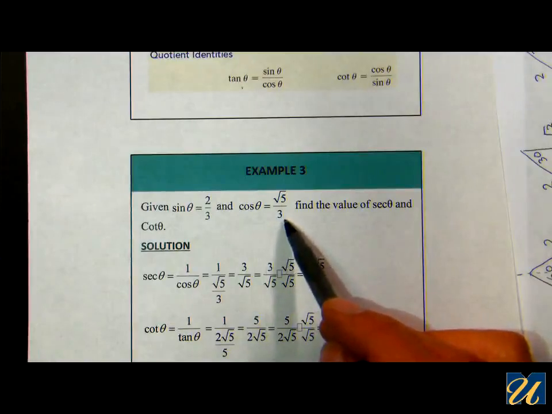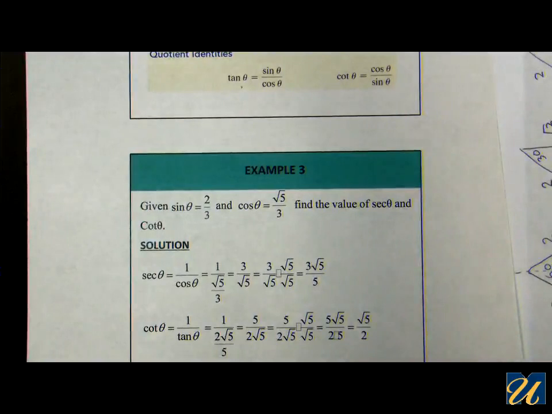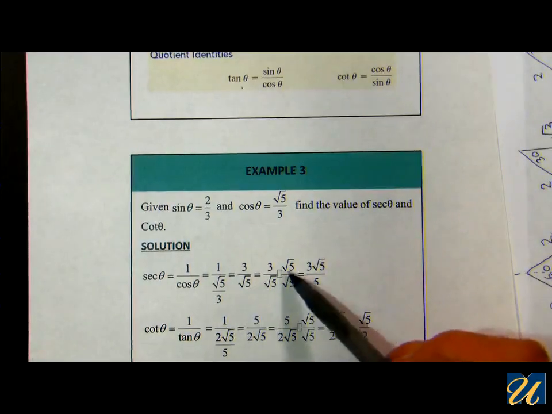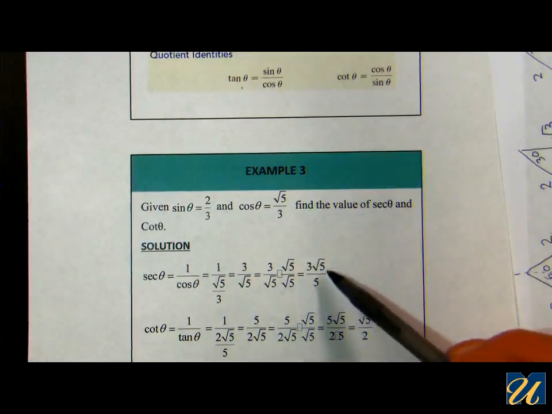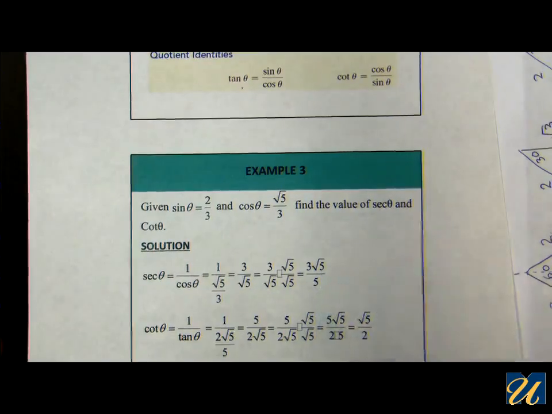So simply take the reciprocal of the cosine function. The reciprocal of root 5 divided by 3 will be 3 divided by root 5. We'll rationalize and simplify that to 3 root 5 divided by 5. That'll be the value of the secant.